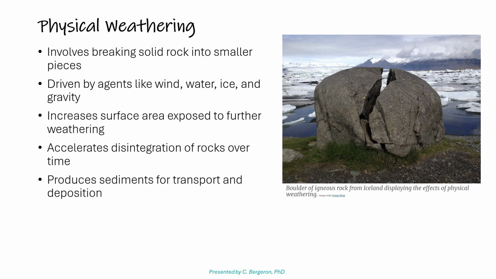And the more rock is broken down, the more it erodes, because as a rock is weathered, more of its surface is exposed, and if more of its surface is exposed, then it will weather more. So it's like a positive feedback. The weathering keeps on increasing.